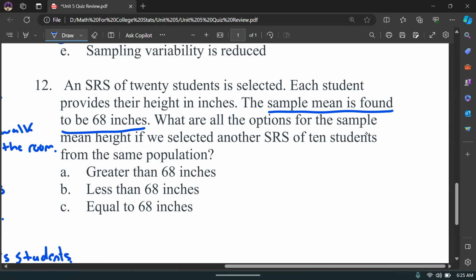If we get another sample, what's possible? Is it possible that my sample mean would be larger than 68? Yeah, that's possible. Is it possible it could be less than 68? Sure. Is it possible that I'll do another sample and it will be 68 again? Yes, of course. The whole idea here is because of sampling variability.